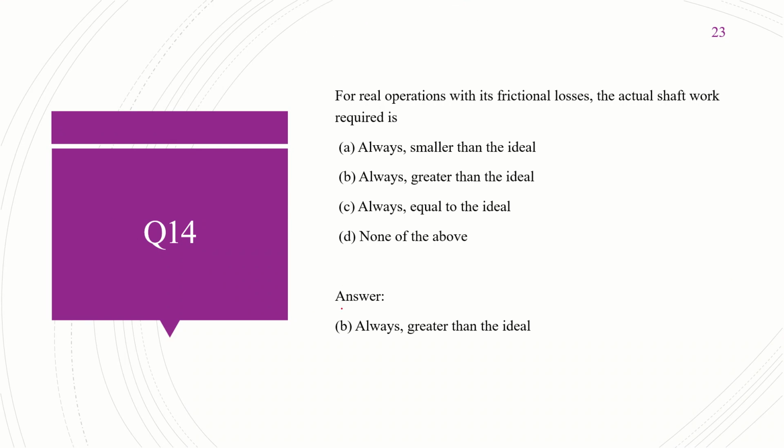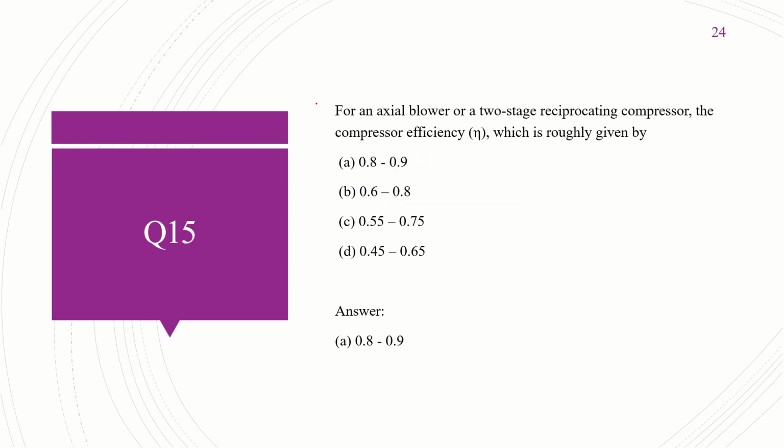We need to give more work than the ideal case because frictional losses would be there, and to compensate for that loss, we need to give more work. So the actual shaft work is always greater than the ideal. That is option B, the right answer. You will have understood, right? Option B is the right answer.